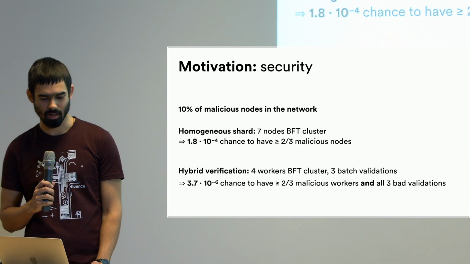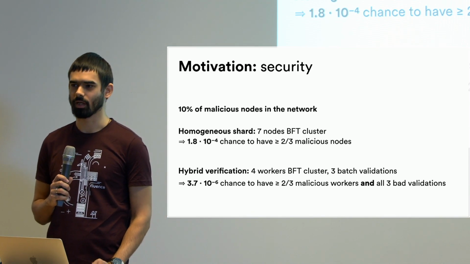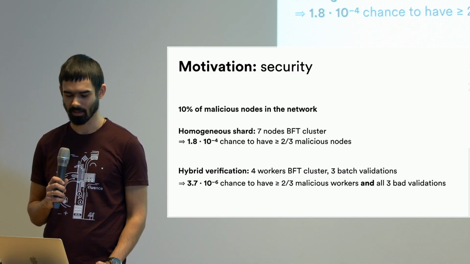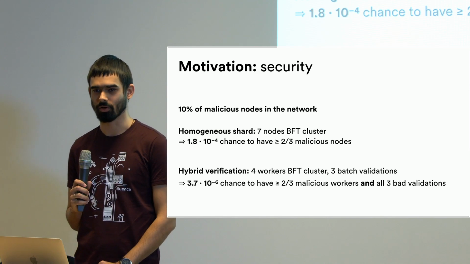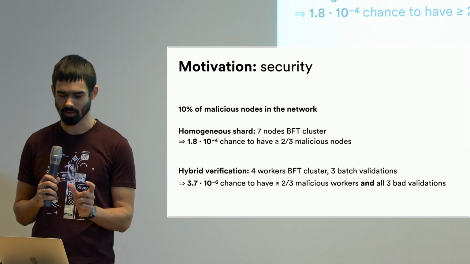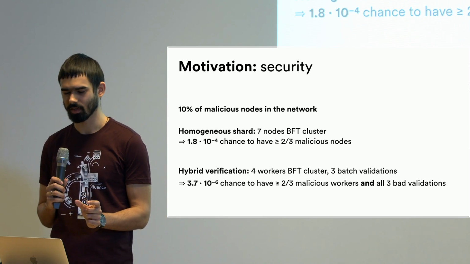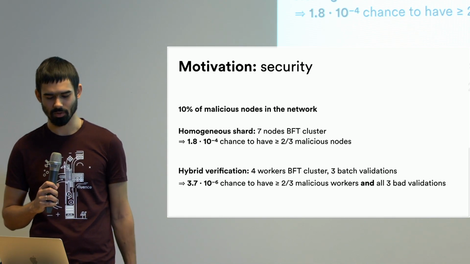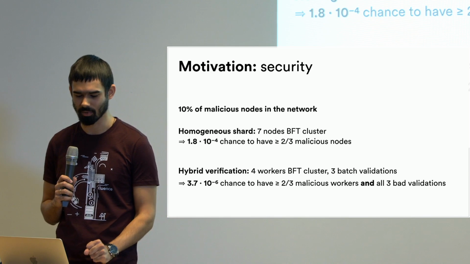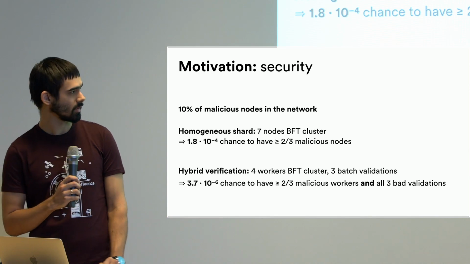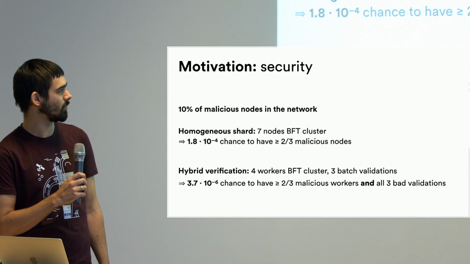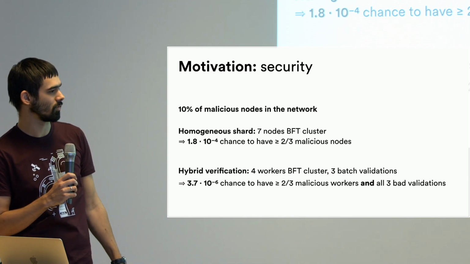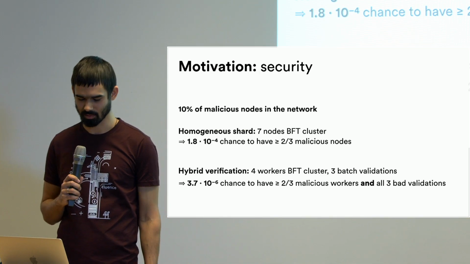For example, let's imagine that we have 10% of malicious nodes in the network. Let's compare two approaches. One approach is to have the number of nodes in a homogeneous BFT cluster. Another approach is a hybrid verification like it's done by Fluence. In case we have 7 nodes in a BFT cluster, there is a significant chance to have the whole cluster captured.